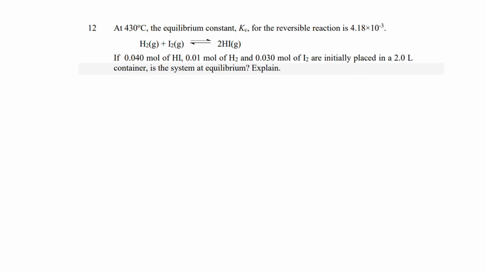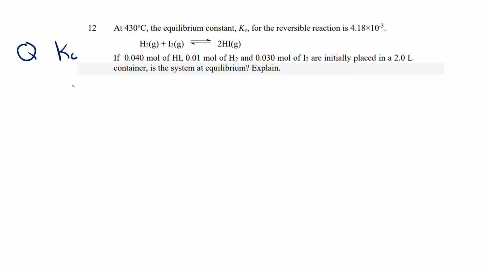Kita nak tengok arah tindak balas, sama ada dia forward ataupun reverse. Jadi kita perlu compare Q dengan Kc. Kita tengok Q lebih besar ataupun Q lebih kecil. You all should remember, kalau dia less than dia akan forward, kalau dia greater than dia akan reverse.